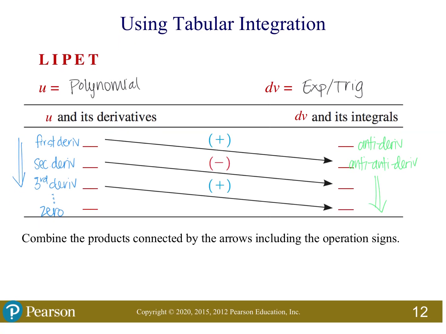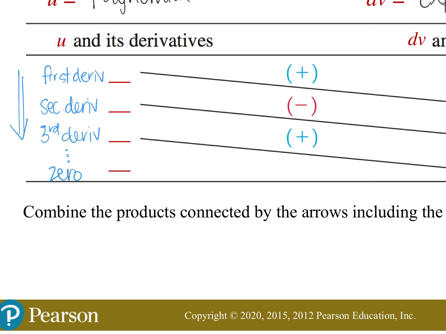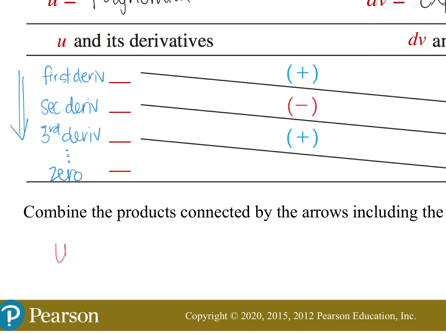What I want you to see here is that this is what's happening. You start with the UV combination. That's your first diagonal. Minus, and then you have your next, you have your u prime paired with your first antiderivative of v. And there's really a parenthesis in front of that.